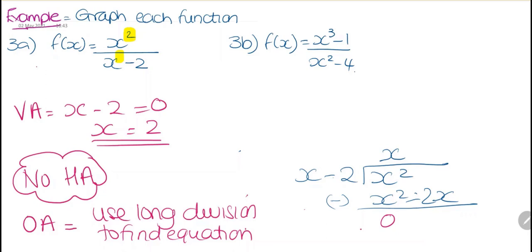So we have plus 0. Then 0 minus minus 2 becomes plus 2x. So how many times does x go into 2x? This is going to be plus 2. We can ignore the remainder. So we have x plus 2, and this is going to be the equation of the line.